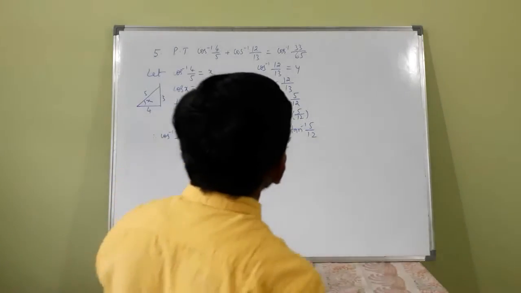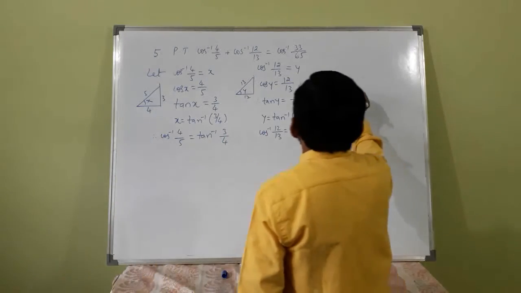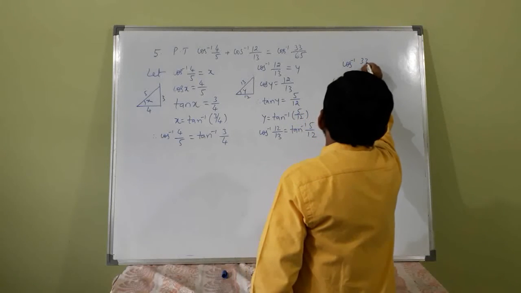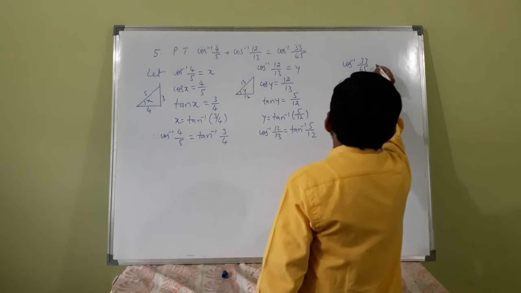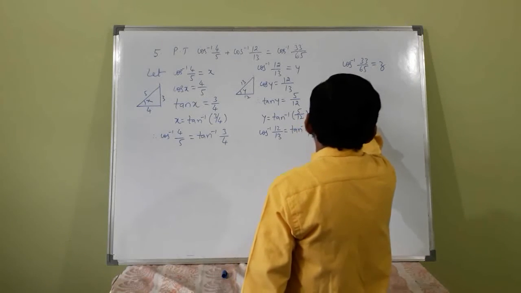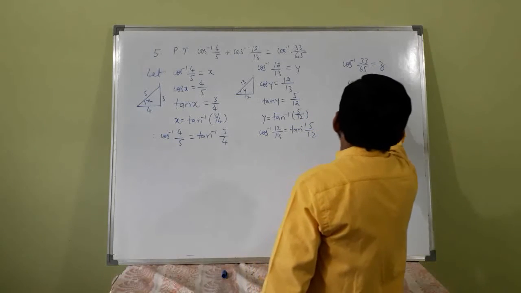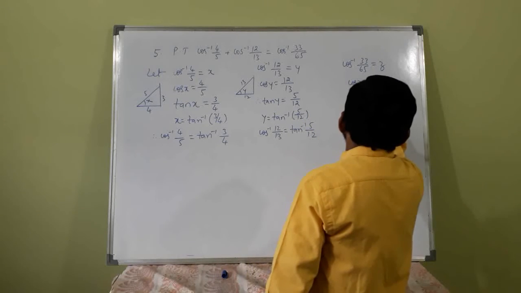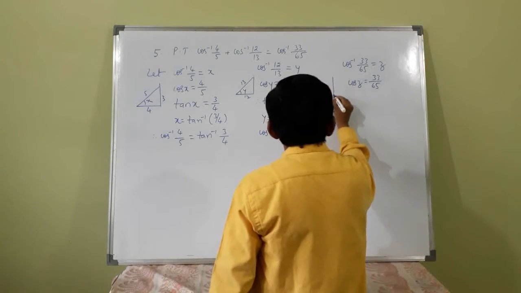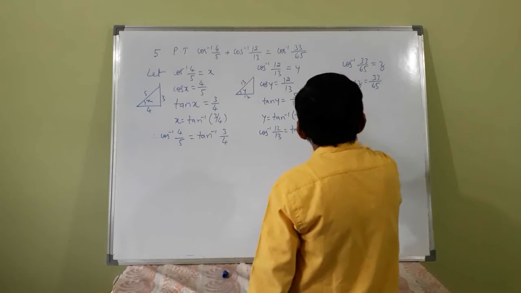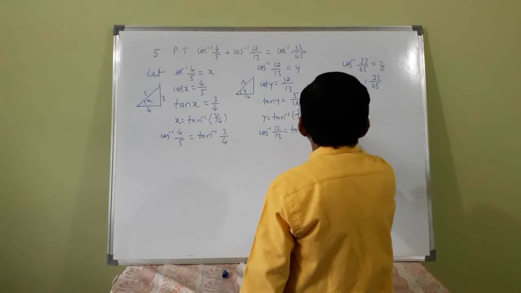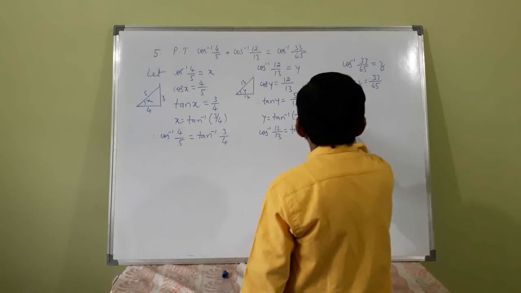Now let cos inverse of 33 by 65 be equal to z. Then cos z is equal to 33 by 65. Suppose the hypotenuse is 65, the adjacent side is 33, and this is angle z.